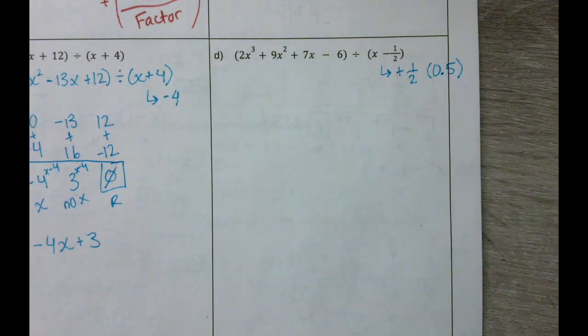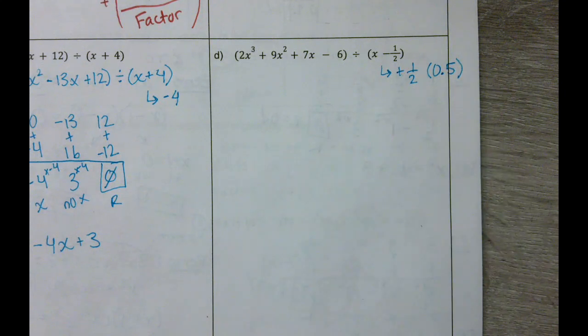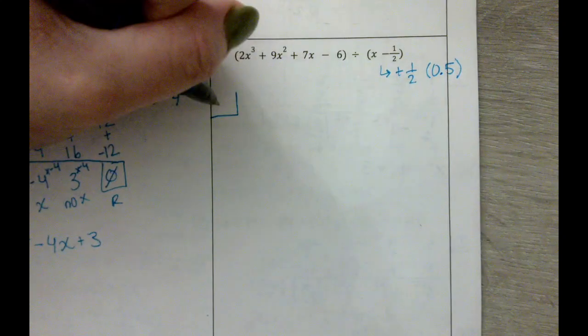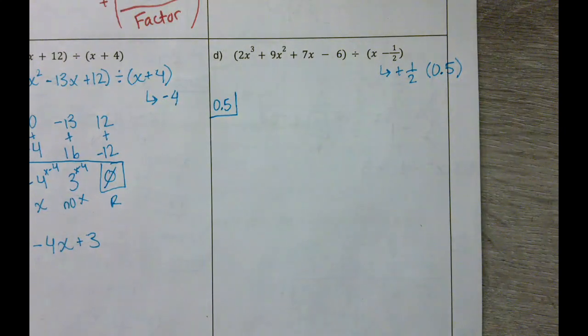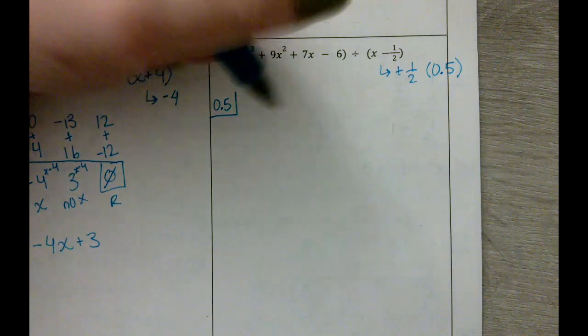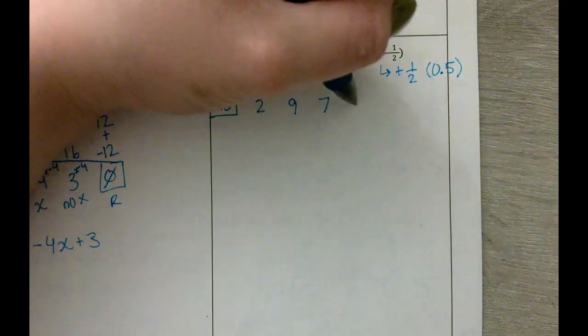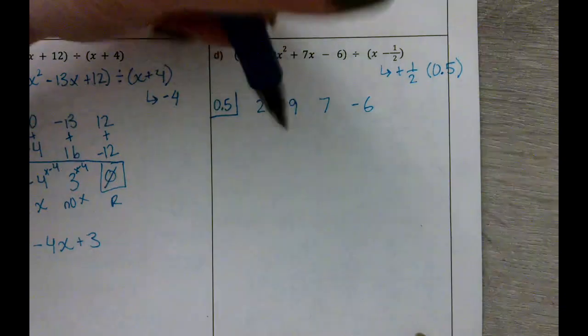You're more likely to do it correctly with a decimal versus a fraction. So please do that recommendation. So we're dividing by 0.5. And then our coefficients are 2, 9, 7, and negative 6. No missing terms there.